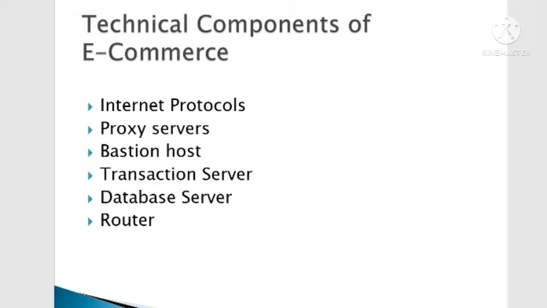So that is why internet protocols are really important, and they form a set of rules you have to go through in order to have access to a piece of information.